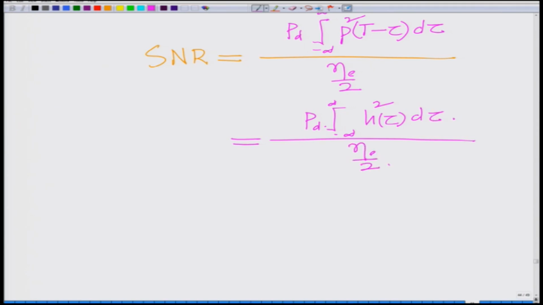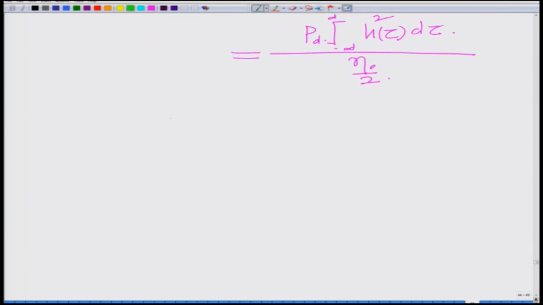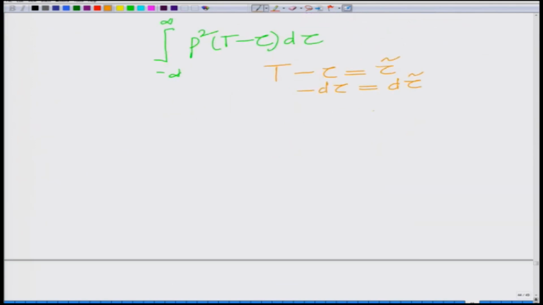Now, you also realize that if you look at this integral from minus infinity to infinity p square (capital T minus tau) d tau, it is nothing but, if I set T minus tau equals tau tilde, then minus d tau equals d tau tilde. Then T minus tau equals tau tilde will go from infinity to minus infinity.